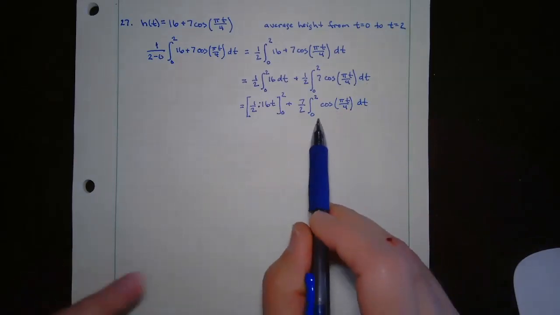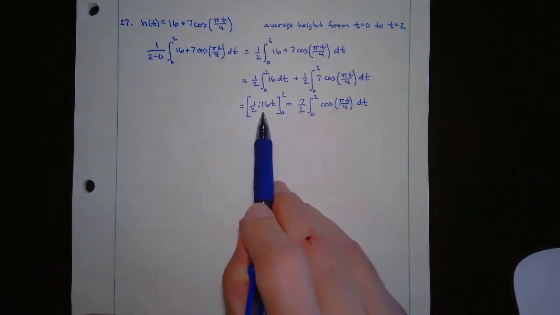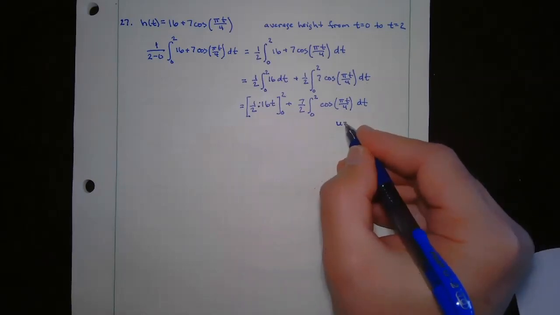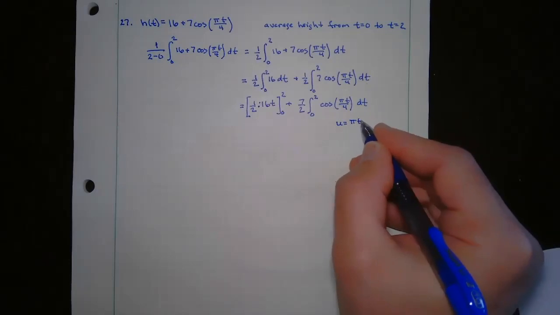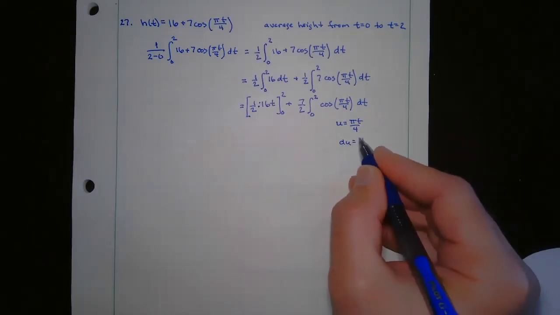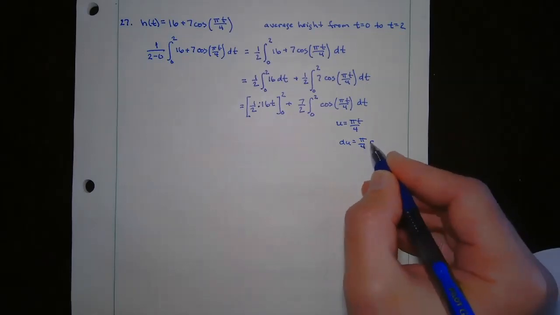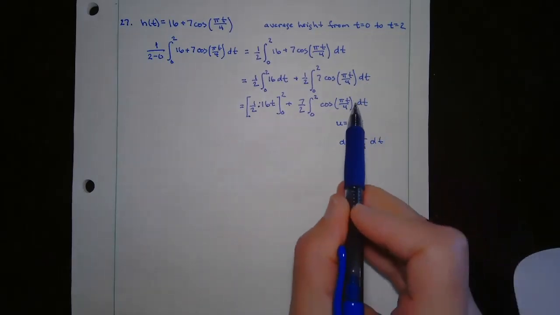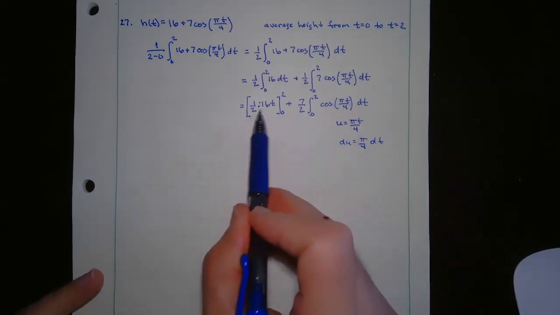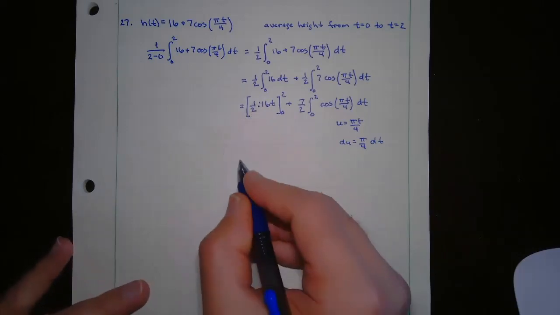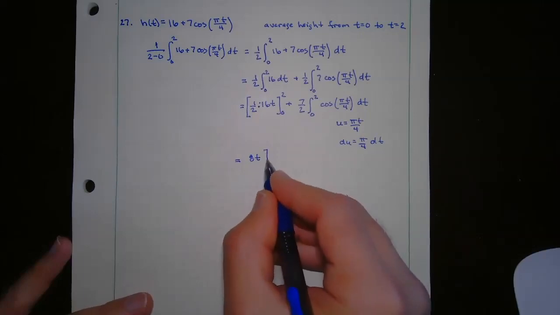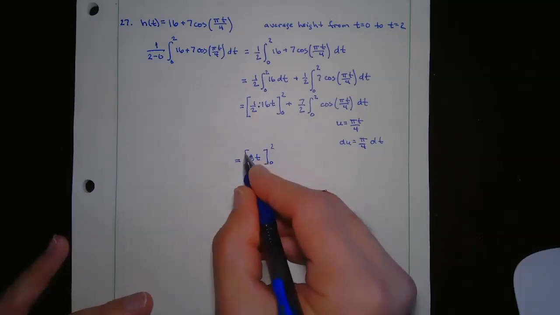The reason I did this is I didn't need to use a u substitution here, but I do need it here. So I'm going to let u equal pi t over 4. Then du would be pi over 4 dt. So I need a pi over 4, which means I need to multiply by 4 over pi. So this is going to become 8t evaluated from 0 to 2, and I'm holding off on that.